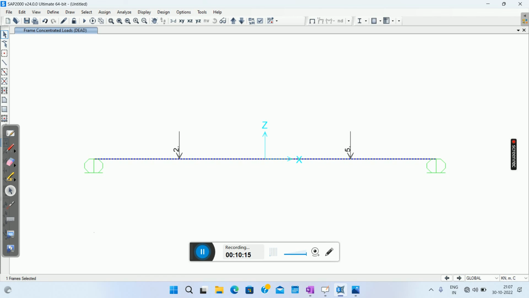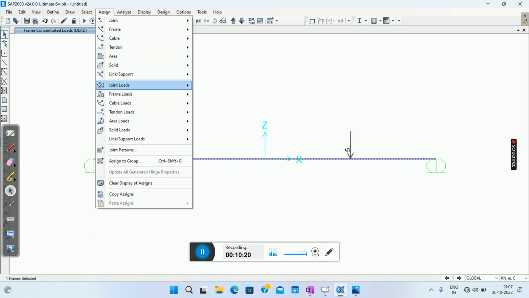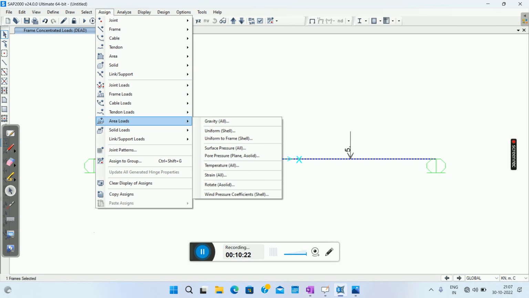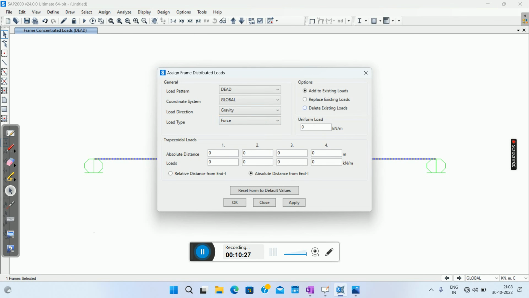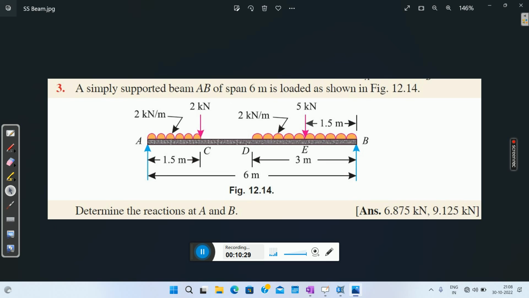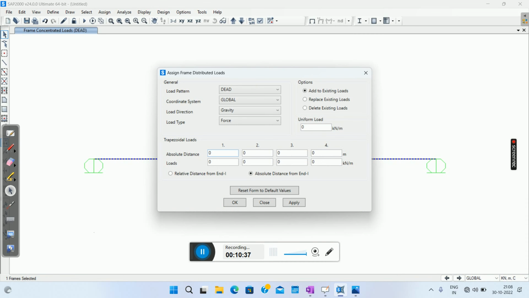Next, you need to assign the uniformly distributed load. Select the beam, assign, frame loads, distributed load. First is 1.5 distance, intensity of UDL is 2 kilonewton per meter. First absolute distance is 0, next 1.5. Load will be 2. Apply, close.